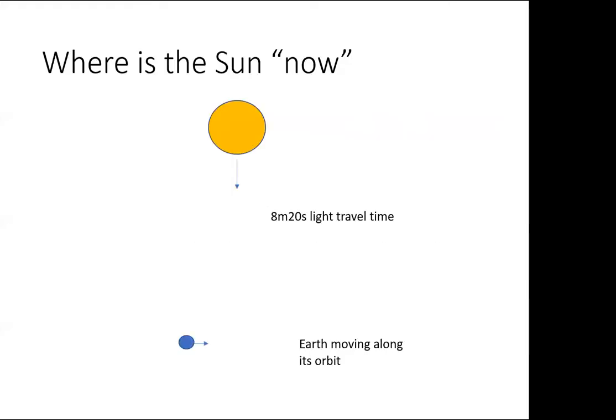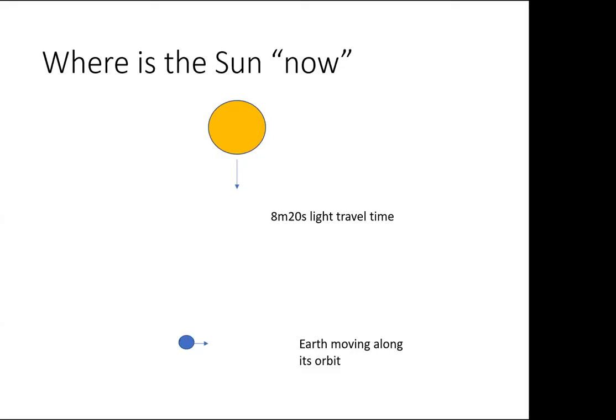but I've got some diagrams, and we're going to first of all try and answer the question, where is the sun now? And you might think that's an entirely trivial question because you can just point at it, but you'd be slightly off actually. So here's the Earth moving along its orbit and the sun here. And we know that sunlight takes 8 minutes and 20 seconds to cross the gap, 150 million kilometers, one astronomical unit.